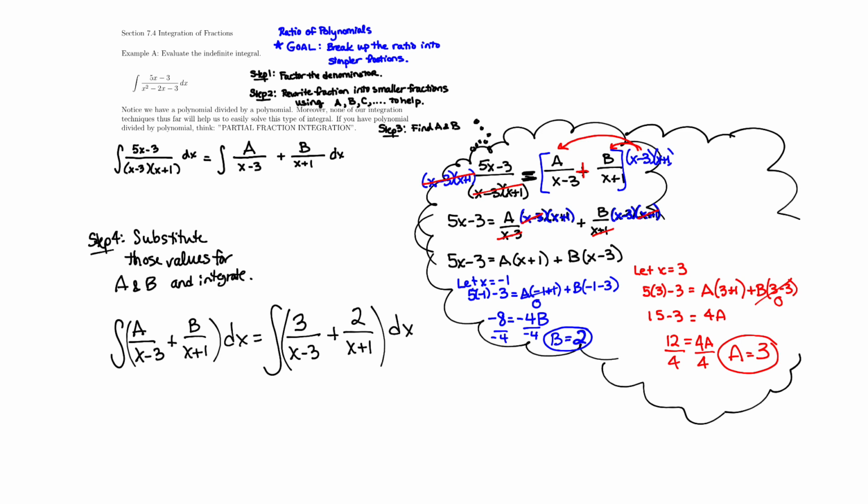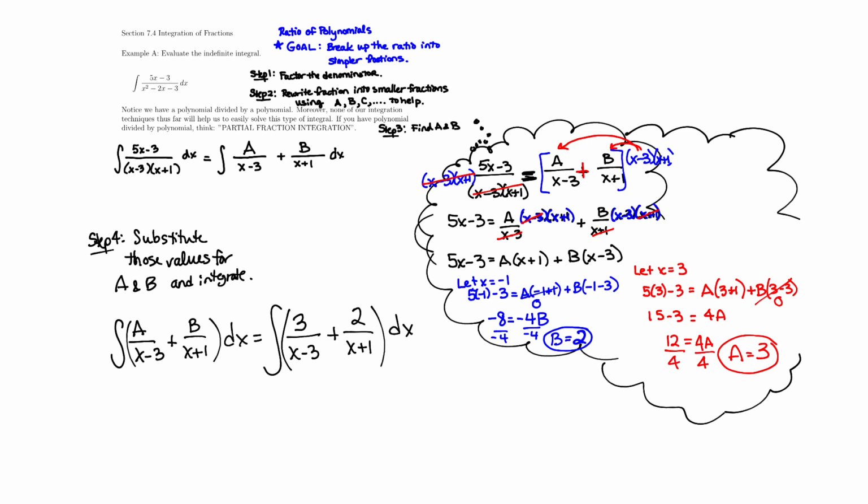And so I have achieved my goal. Do you see that, Jaden? Now I have something. Look how nice that is to integrate. That's so easy. I have a sum of 2 simple ratios, right? So I can integrate each one separately.